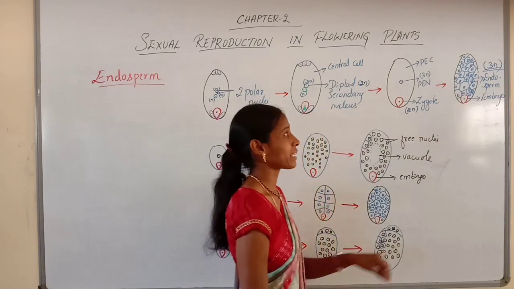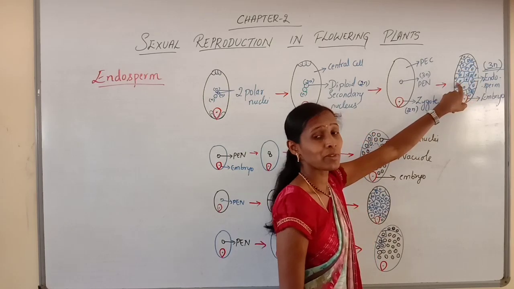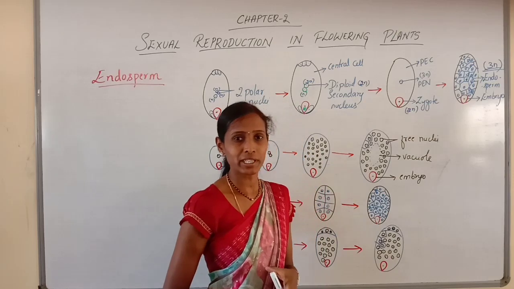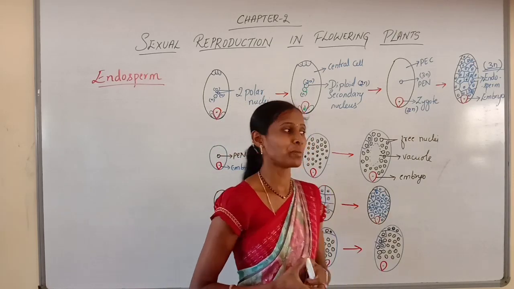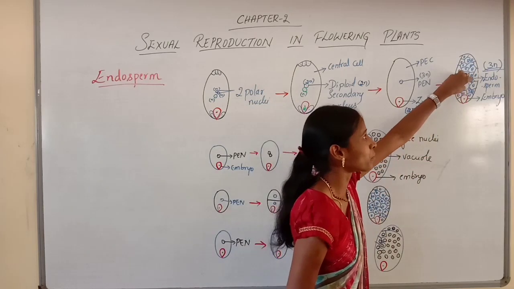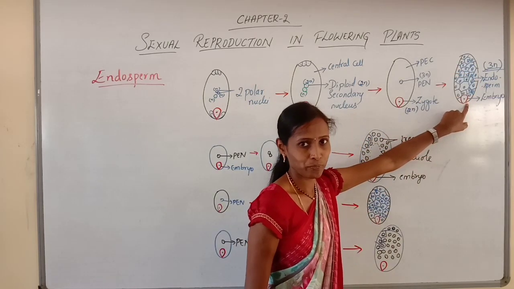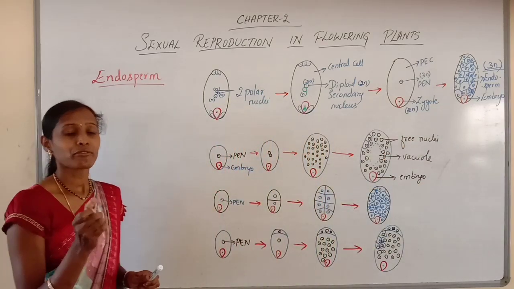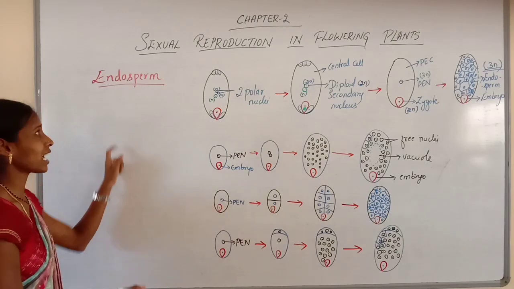And very importantly, this is the endosperm tissue. Each cell of the endosperm tissue is rich in reserve food material. The endosperm cells are rich in reserve food materials, and that reserve food material will be utilized by the developing embryo. And depending upon the mode of formation, the endosperm is mainly classified into three types.